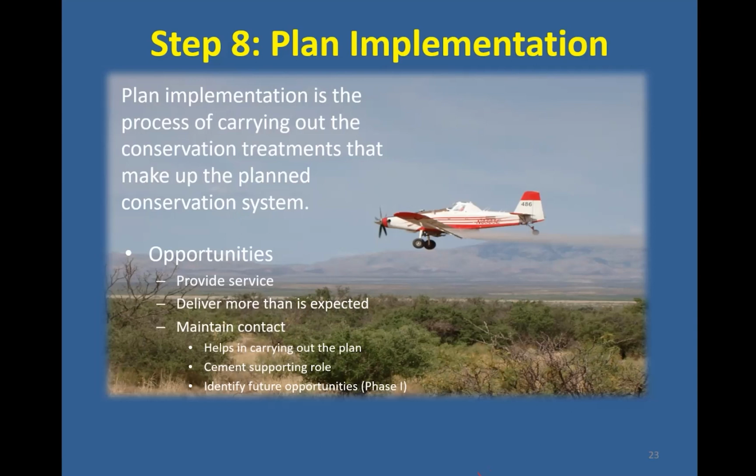Part of that process of CTA and conservation planning is we always want to maintain contact with that producer. It shouldn't be a one and done. If a producer has questions on a conservation plan, they should feel free to call. And if they have a question on maybe a job sheet, an implementation requirement, they should be able to pick up the phone and talk to that planner and say, I'm not understanding this here.